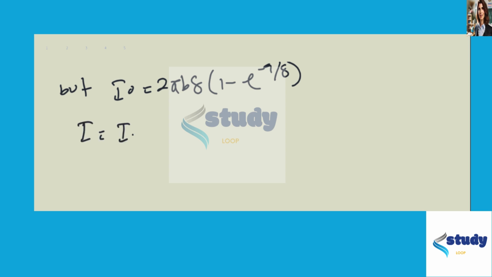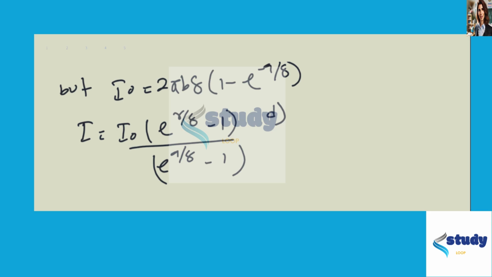But we know I naught is equal to 2 pi B delta times 1 minus e to the minus a over delta. Then we can write I will be equal to I naught times exponential r over delta minus 1 divided by exponential a over delta minus 1.